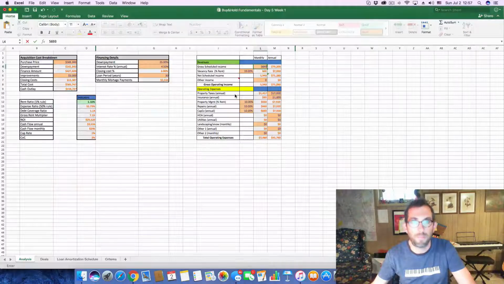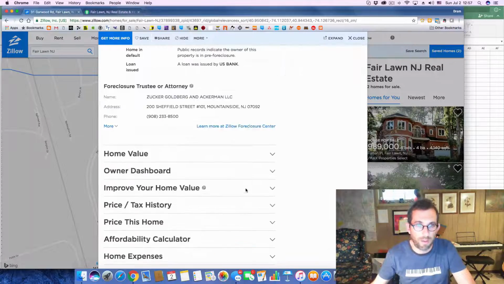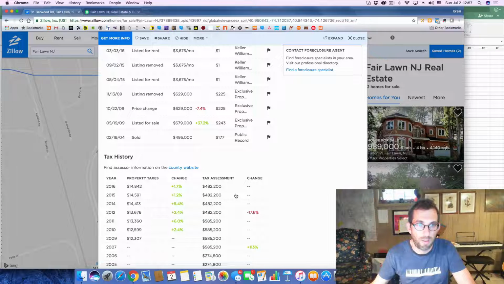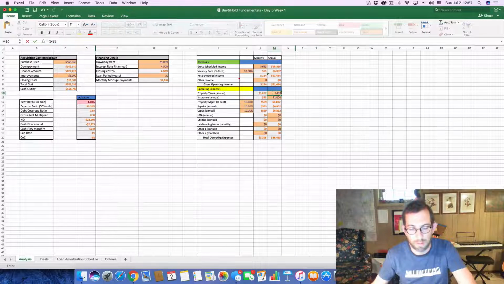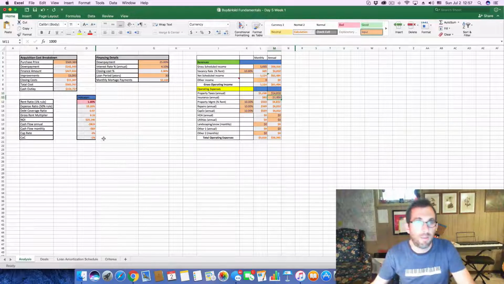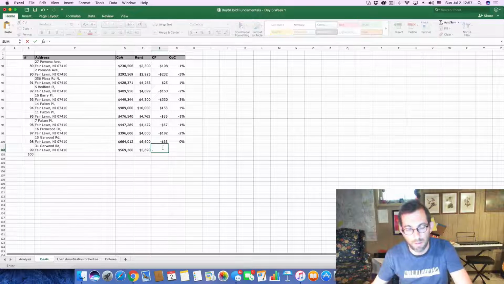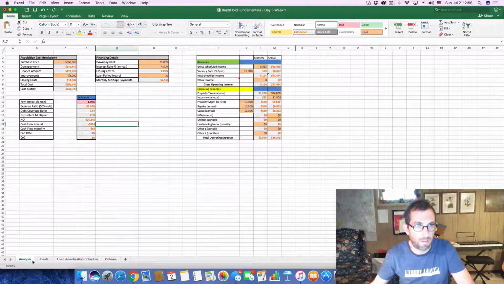Let's go check out taxes. What's the taxes say? 14,850. And you're losing a boatload of money. You're losing, oh, not that bad. You're losing $69, which is 1%.